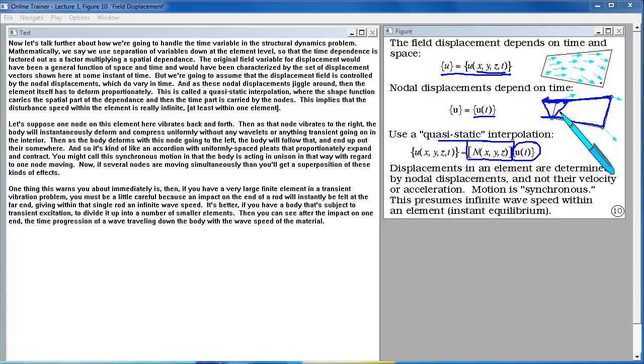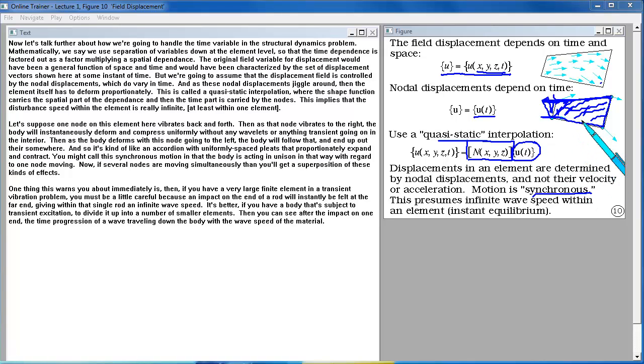And so it's kind of like an accordion with uniformly spaced pleats that proportionately expand and contract. You might call this synchronous motion in that the body is acting in unison in that way with regard to one node moving. Now, if several nodes are moving simultaneously, then you'll get a superposition of these kinds of effects.